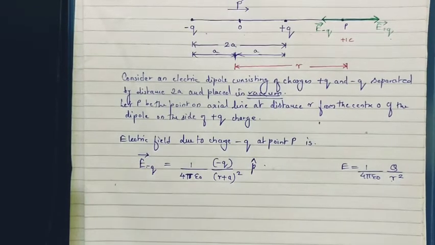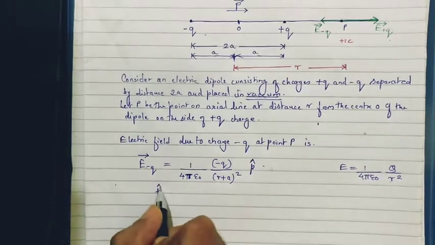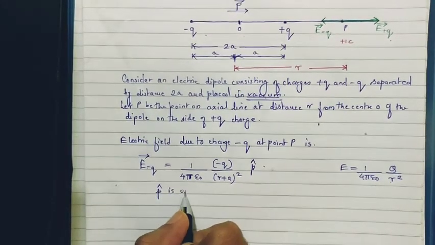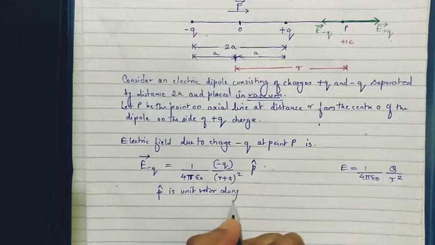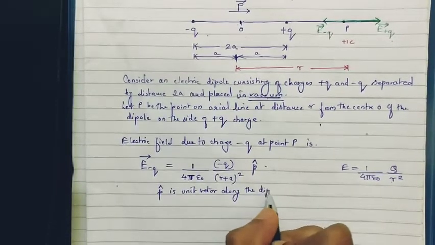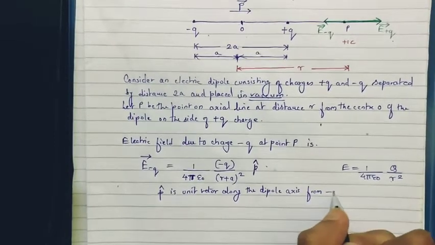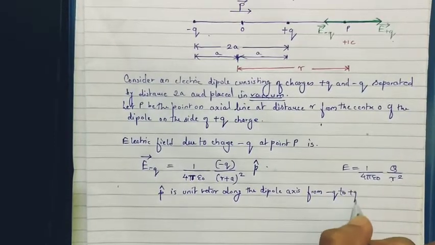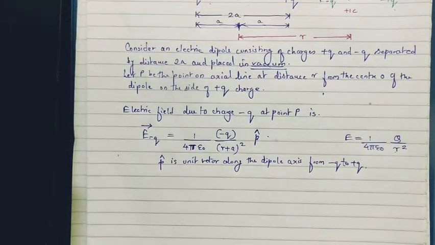Is that clear? Yes. Next, for understanding, p cap is the unit vector along the dipole axis, pointing from minus q to plus q. You can write this for your understanding. So this is your electric field due to minus q charge at point P.